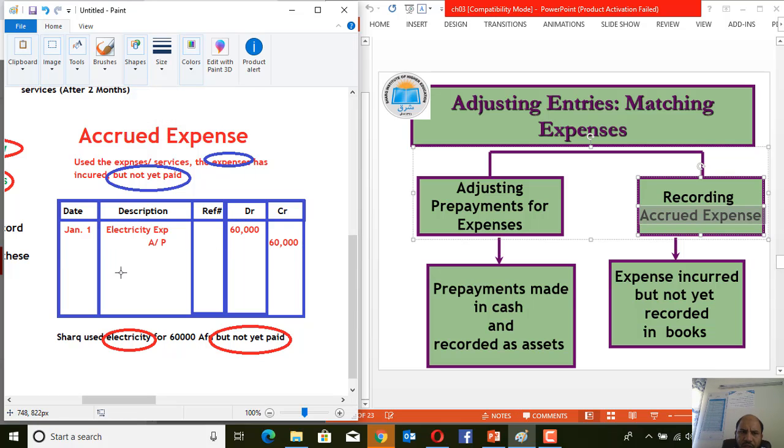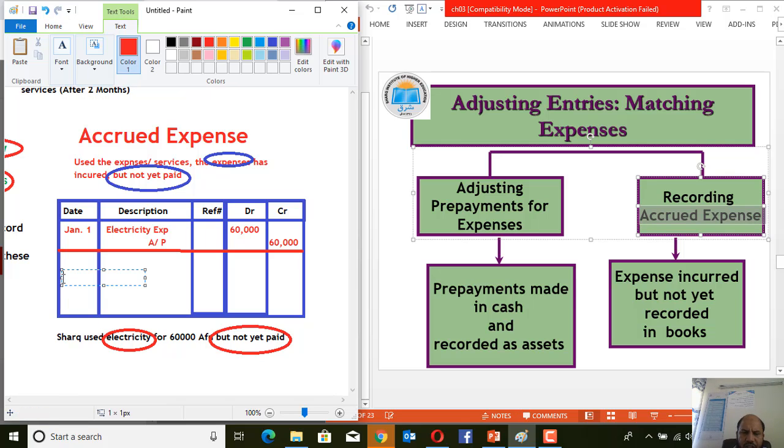Now when we pay this money, how will we record it? If we are making the adjusting entries, consider that we are paying this amount on January 30th. So how will we record this? We will decrease the accounts payable, which was our liability.